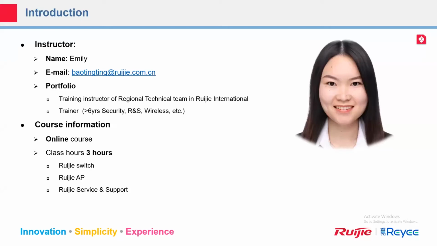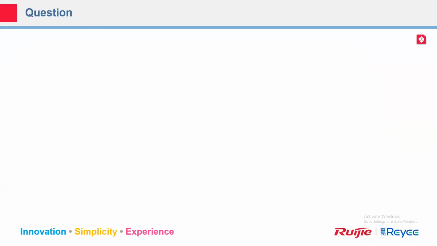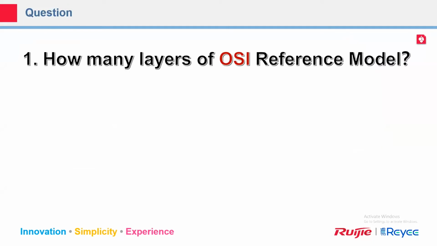If you can answer them, I think it's very easy to enjoy the training. The first one: in our communication network, we have 2 very important reference models, OSI and TCP/IP, right? So how many layers does the OSI reference model have? Do you know how many layers?